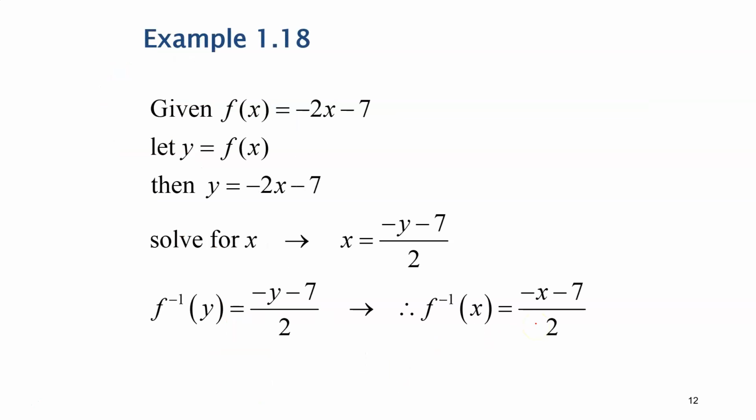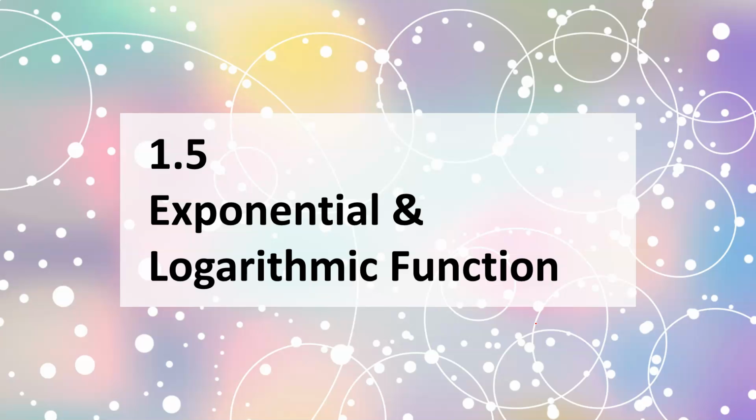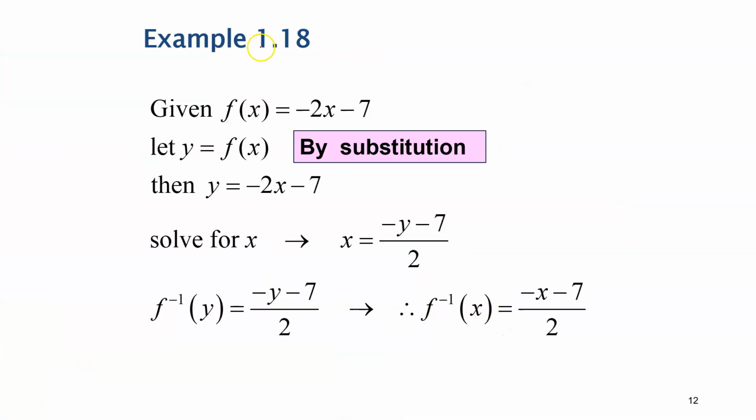Okay, more examples. This one is using substitution. Given f(x) equals negative 2x minus 7. Now we're going to let this f(x) equal y. By substitution, this one is different from the previous one. So now you will have y equals negative 2x minus 7.